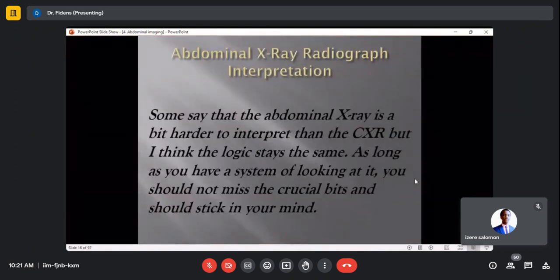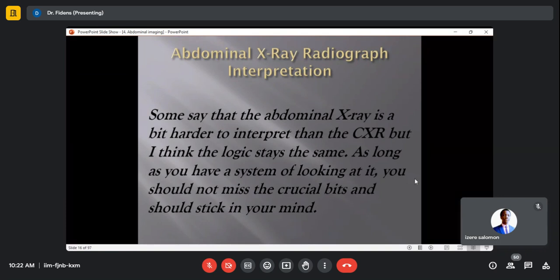So some people say that abdominal X-ray is a bit difficult, a bit harder to interpret than chest radiograph. But that's what I was saying. The logic is the same. As long as you have a system, a method of looking at them, either chest radiograph or abdominal X-ray, you should not miss any important finding.